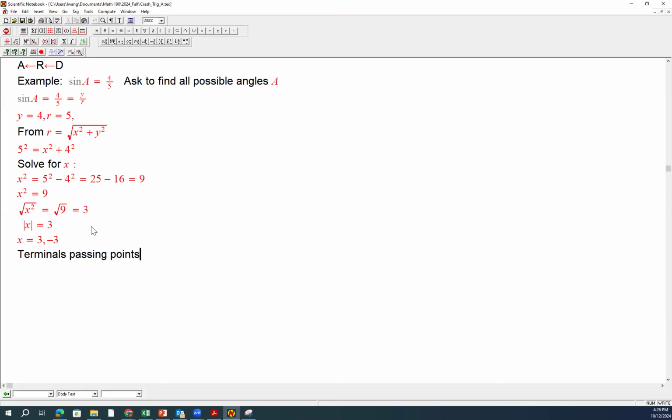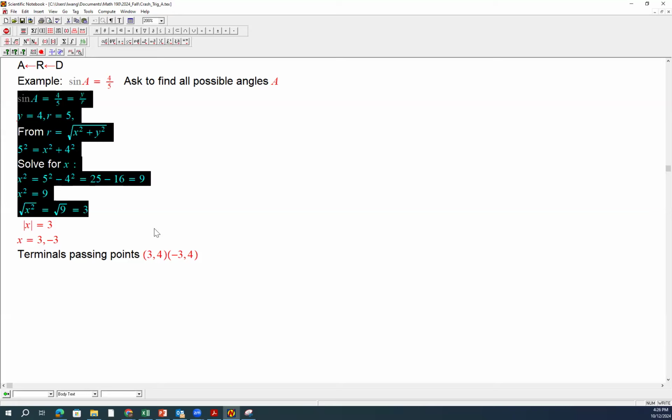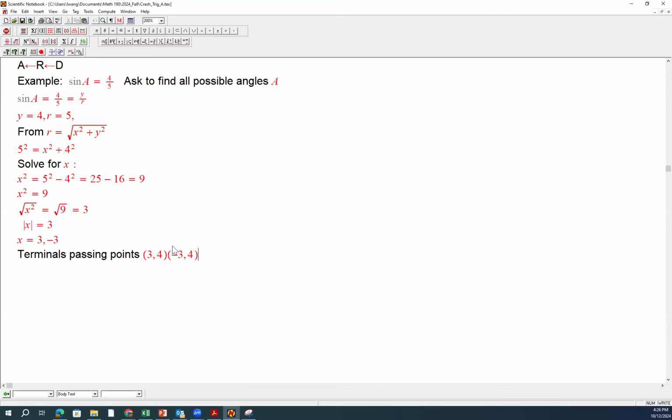The points are 3, 4, because Y is 4. The other terminal will be negative 3, 4. So to satisfy all of these conditions we're given, we actually have two terminals satisfying that condition.